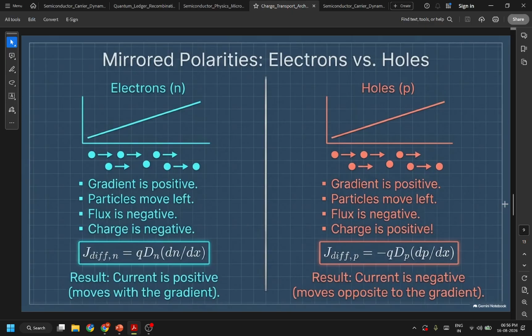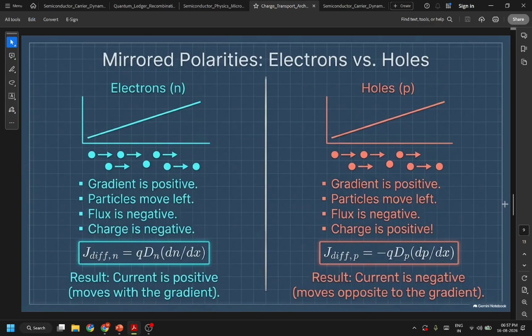Now from here, for electrons we calculate. For holes, assuming that the gradient is positive, particles will move left, resulting in negative flux.